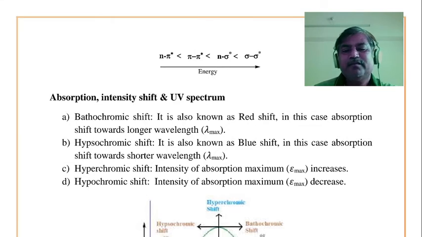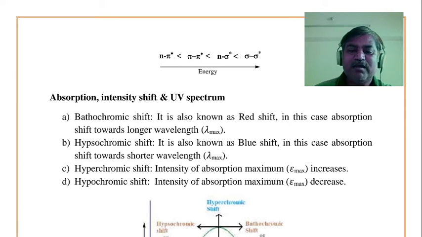Whenever an organic molecule absorbs at a higher wavelength, towards longer wavelength, such a shift is called a bathochromic shift. That is, in bathochromic shift, absorption takes place towards higher wavelength or a higher lambda max value.